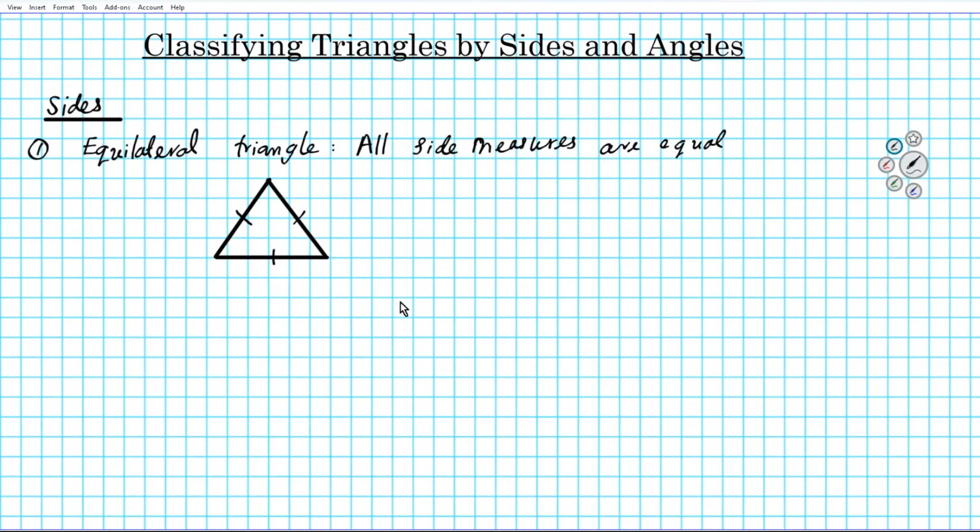This shows that we have an equilateral triangle. So let's say this is ABC. This is an equilateral triangle because the length of AB is equal to the length of BC, and that is also equal to the length of CA.